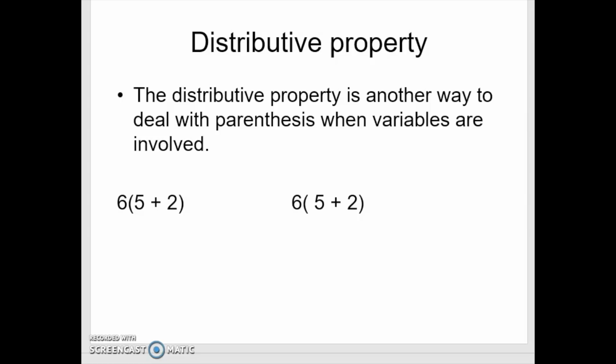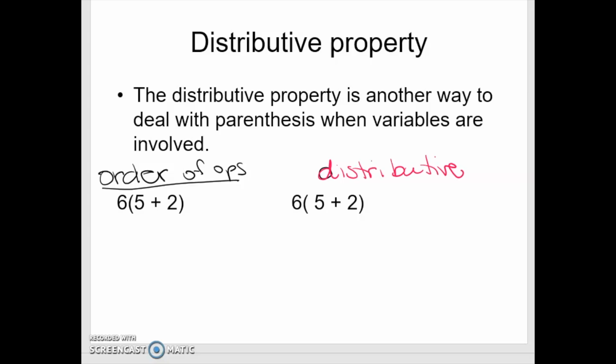That's because I'm going to solve the first problem with order of operations, which is what we've been doing. And then I'm going to show you the second problem using distributive property, and we're going to see that we get the same answer either way.